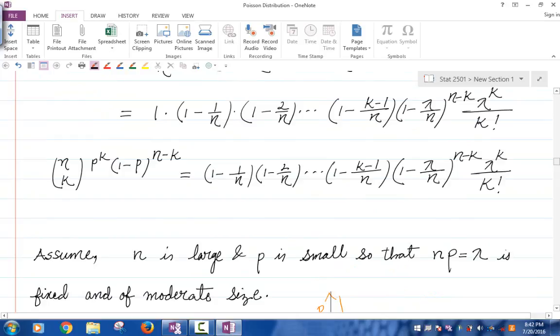Let's come back to this expression. As n goes to infinity, notice that 1 over n, 2 over n, k minus 1 over n, they all go to 0. So as n goes to infinity, each of these factors here approaches 1.